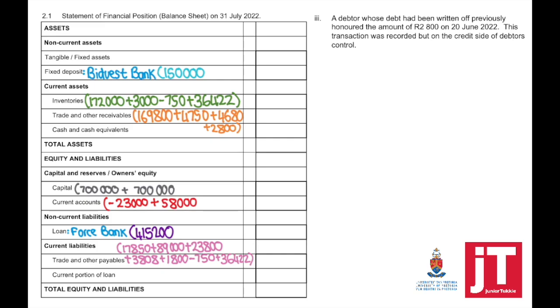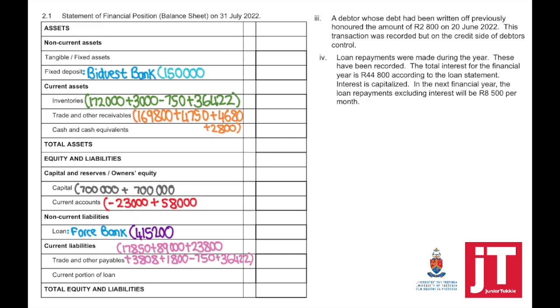It should have been bad debts recovered. So we need to correct debtors control. And to correct your debtors control, it will need to be debited. And as soon as debtors control is debited, we need to add 2,800 so that the correct account could have been credited, which would have been your bad debts recovered.